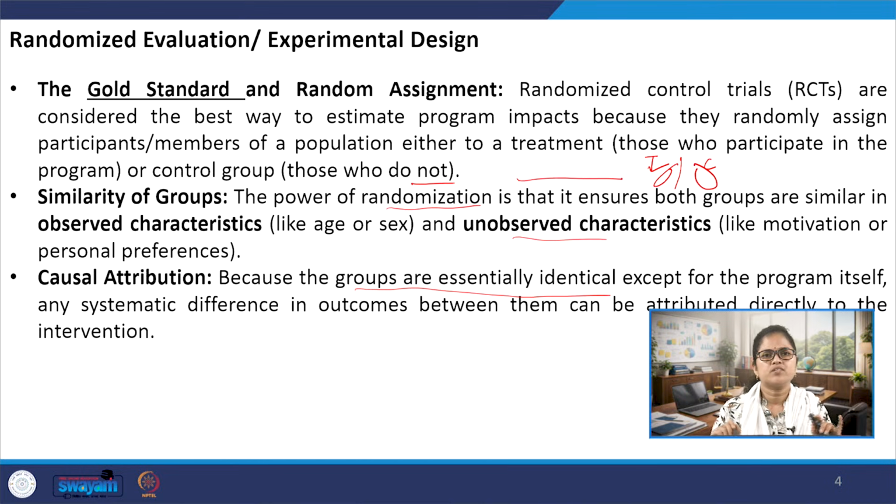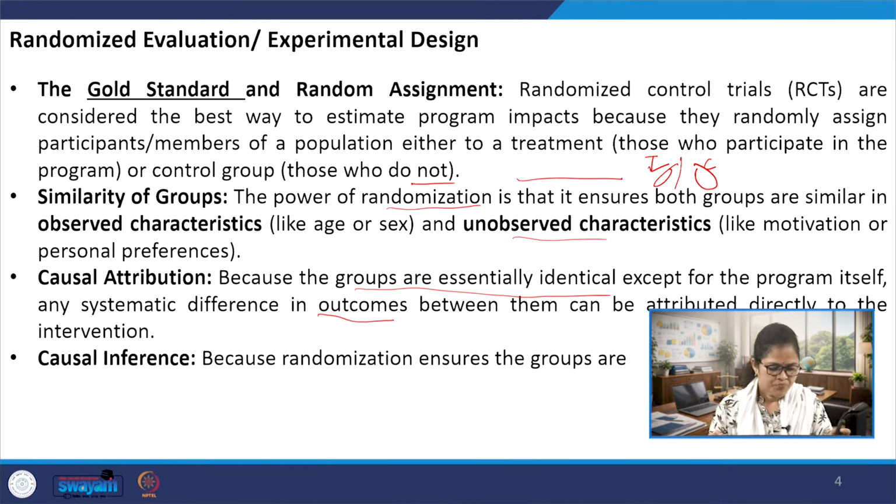So what is causal attribution? Causal attribution is when outcomes can be directly attributed to the program or intervention itself. While doing this randomization and designing the experimental process, we can find a causal inference. How can we ensure that causal inference is being observed here?